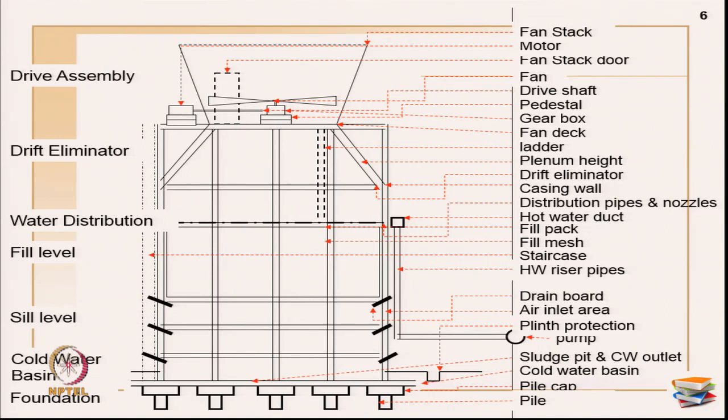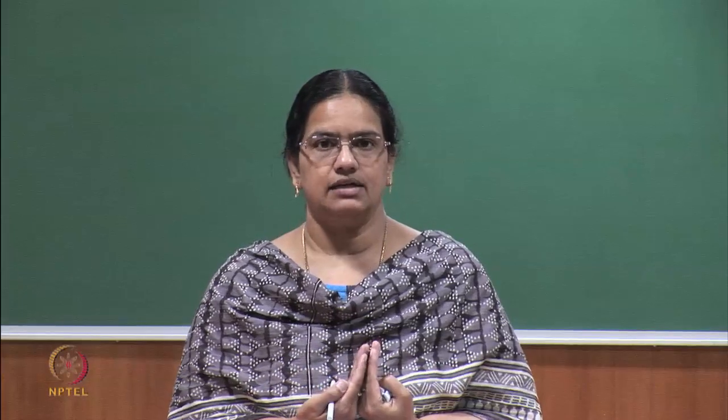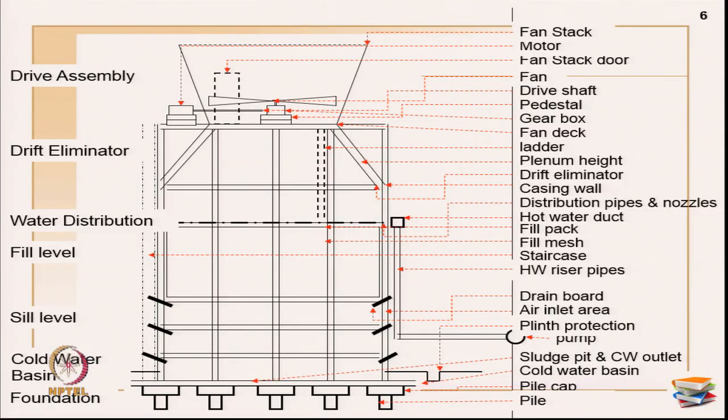As the water falls over a very large area, it naturally comes in contact with the air and gets cooled, and then it goes into the cold water basin where the cold water is collected again for recirculation. Okay. This is primarily the mechanism with which the IDCT works.